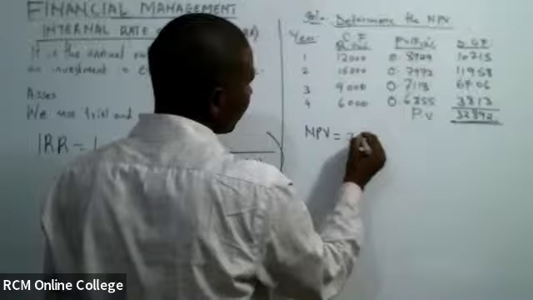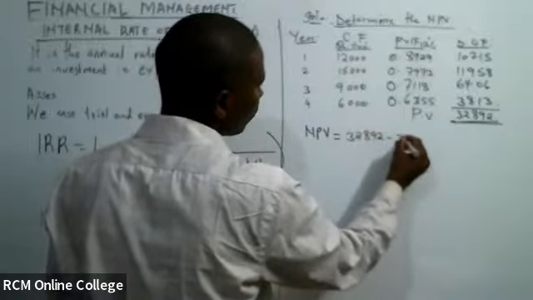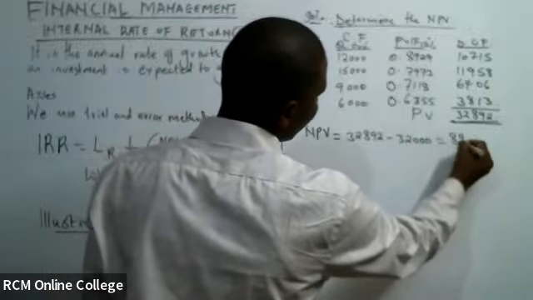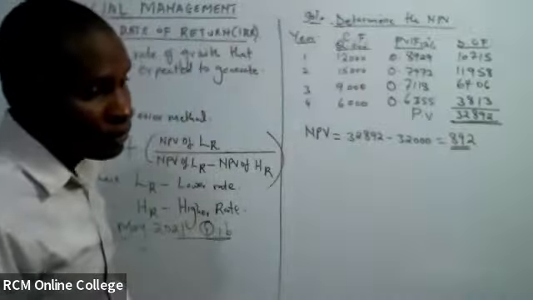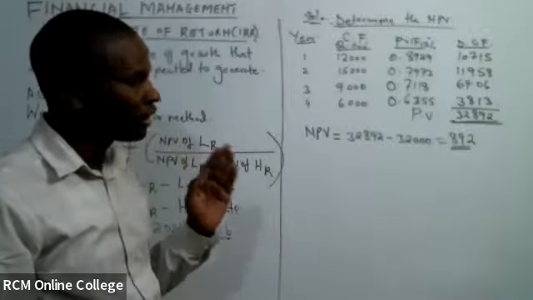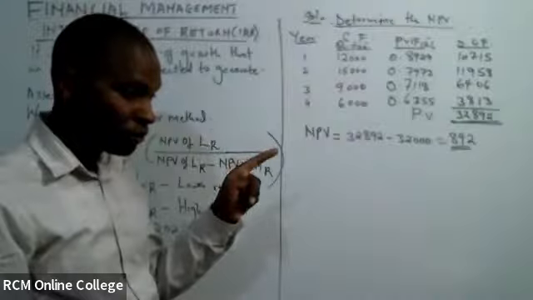It is given by 32,892 minus the initial outlay of 32,000. What is our net present value? 892. Now, we have gotten our NPV, a positive NPV.